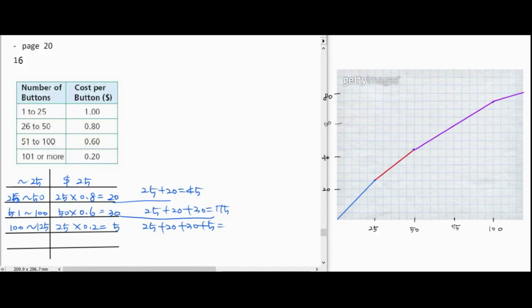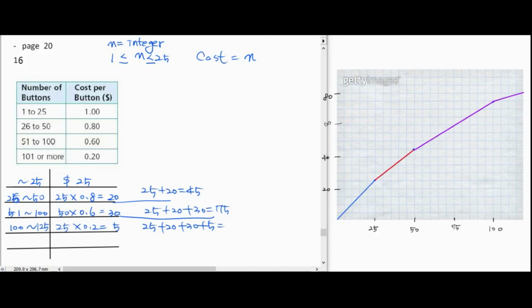Here n is bigger than or equal to 1, and smaller than or equal to 25. But also you should remember that n is always an integer. And then from 1 to 25, C means cost. The cost equals, because it's just $1 per button, just n.